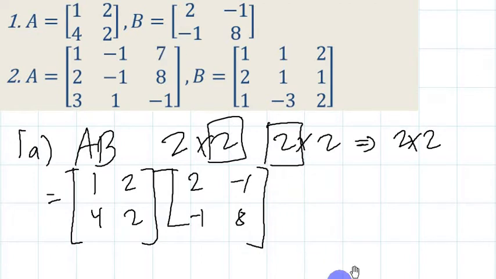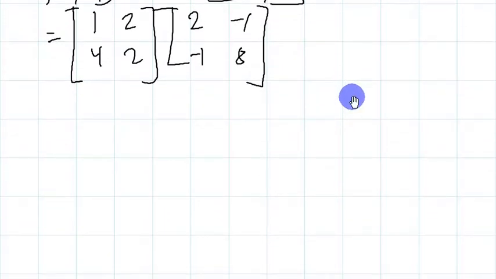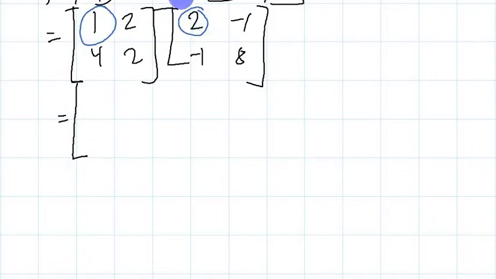So, let's just bring that down. To perform this, we need to follow our pattern. We first multiply 1 and 2. So, that will be 1 times 2. Then, 2 times negative 1.